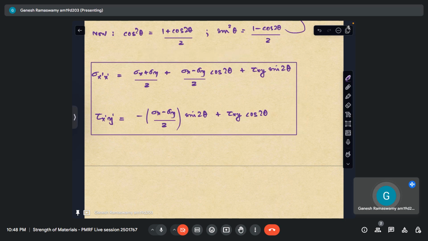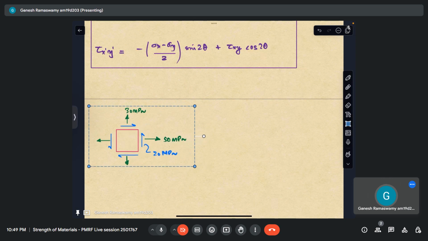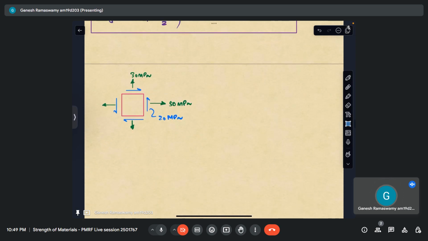Now let us apply this to a problem and see how it actually works. So let us say that we have a stress state like that, and let us say that we rotate 50 degrees counterclockwise.